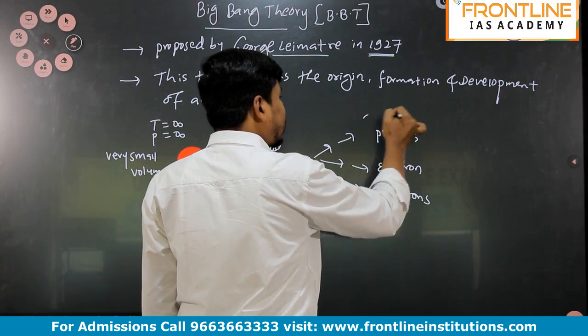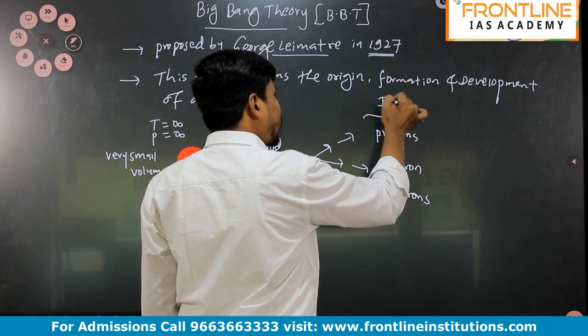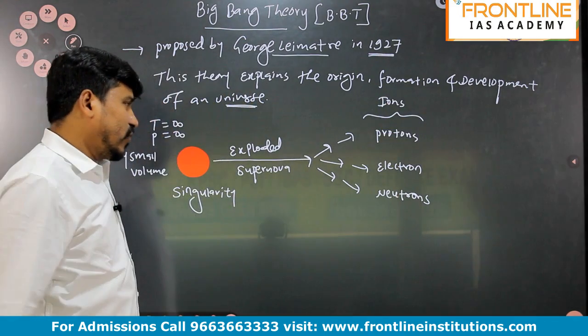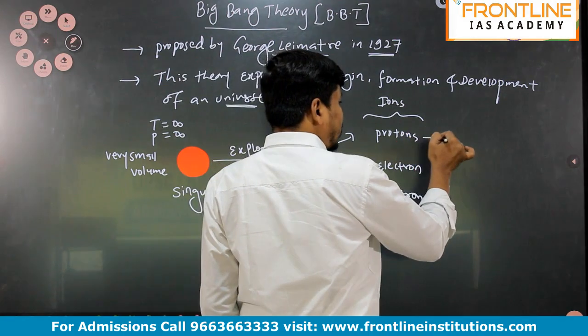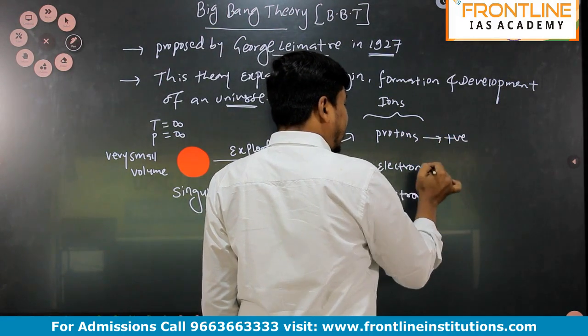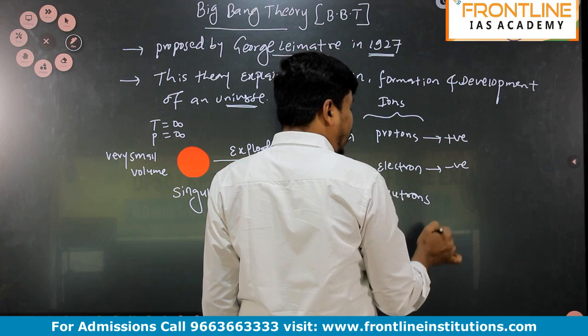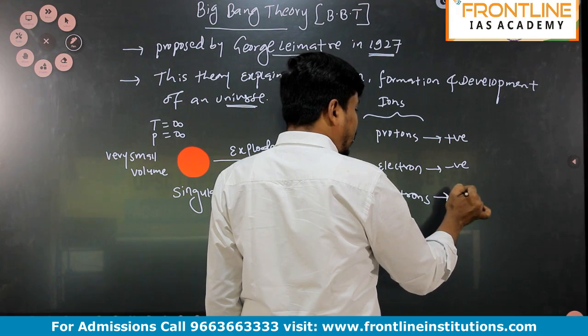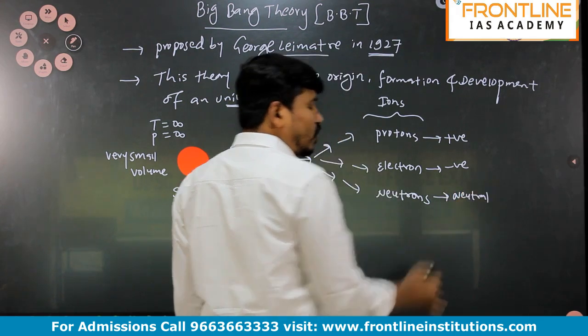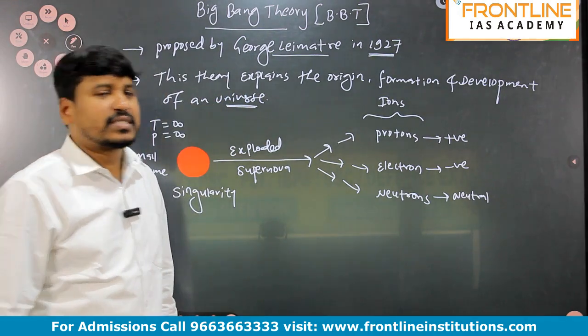And we know very well that the proton is the positively charged ion, the electron is the negatively charged ion, and the neutron is neutral. There is no charge for neutrons, right?